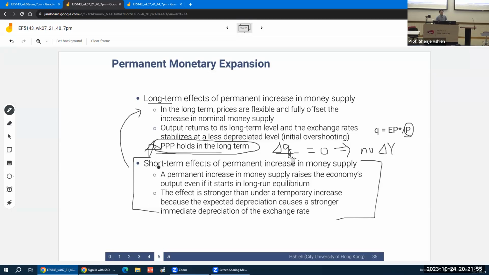All right. Comments, questions on permanent monetary expansion? So that just means an increase in MS plus an increase in Ê^e. That's the starting point. And then because we have changes in E, there's a long-run effect and a short-run effect that we have to analyze, and we have to therefore add an extra condition, which is flexible prices. So to go from short run to long run, we add flexible prices.